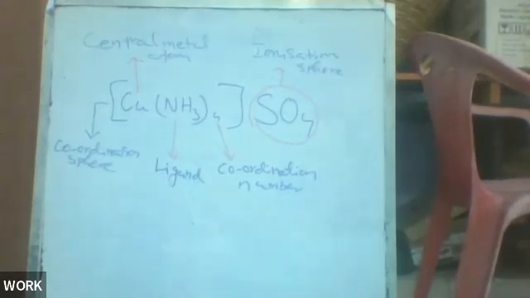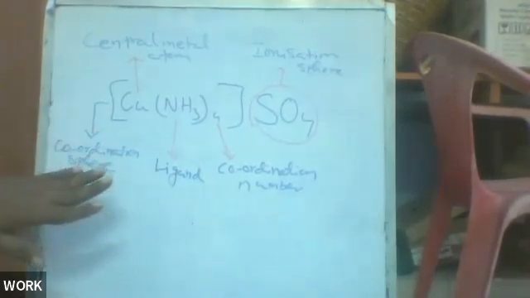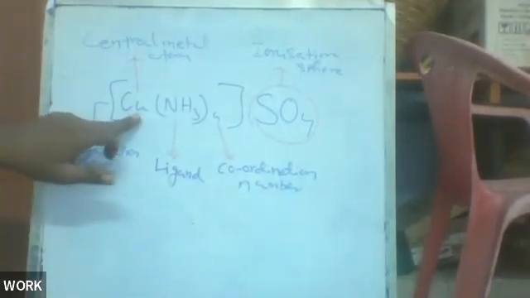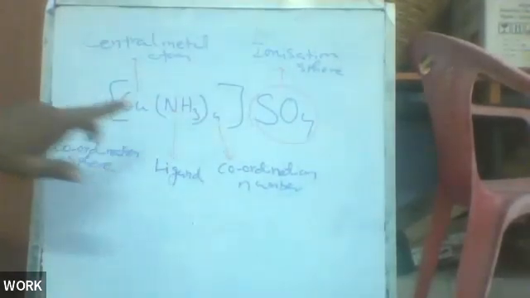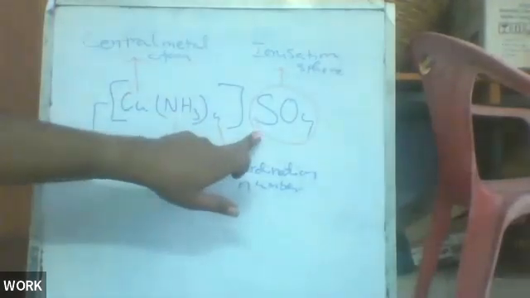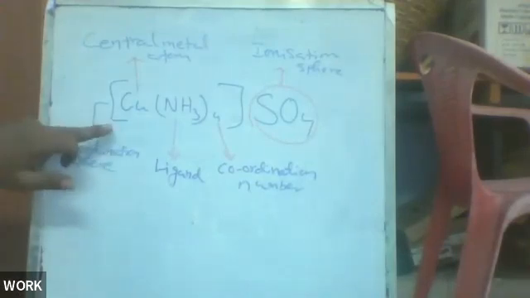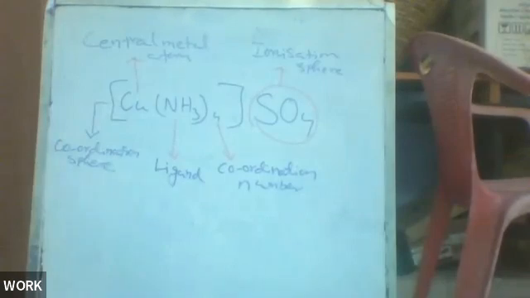So these are the things in your coordination compound: central metal atom, ligand, coordination number, coordination sphere, and ionization sphere. Now we have to calculate the charge on the central metal atom, or otherwise we can say the oxidation number.